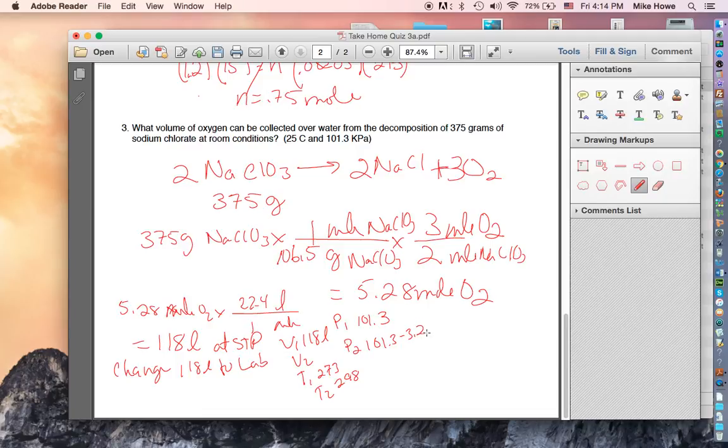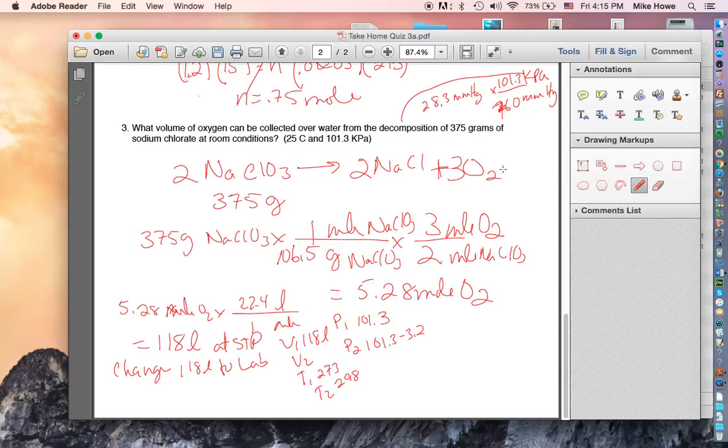Okay, now why would I take away the 3.2? Well, you remember, I'm going to go up here to show you this. Going up to the top here, I'm pretty sure I'm doing this by memory, I think 23.8 millimeters of mercury was the water vapor pressure at 25 degrees C. So I'm going to change that to kilopascals using standard pressure in kilopascals and standard pressure in millimeters of mercury.